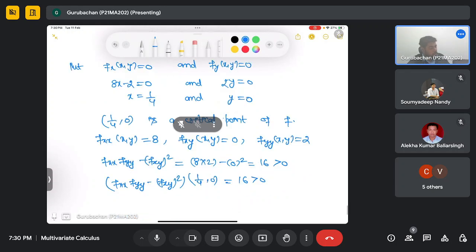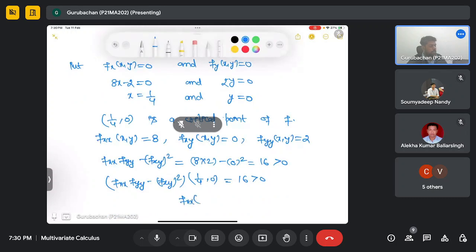Now the second order partial derivative with respect to x at 1 by 4 comma 0 also gives us 8, which is greater than 0.